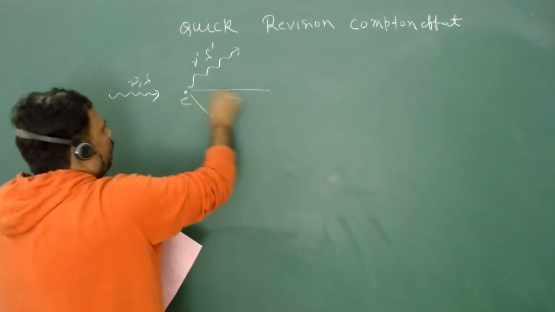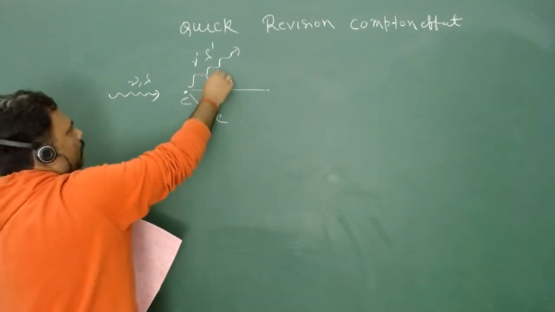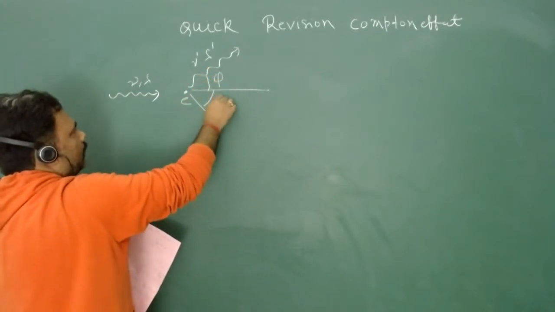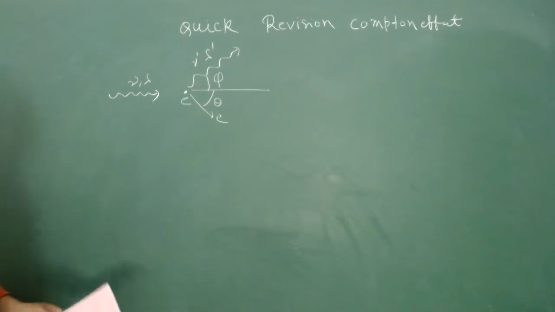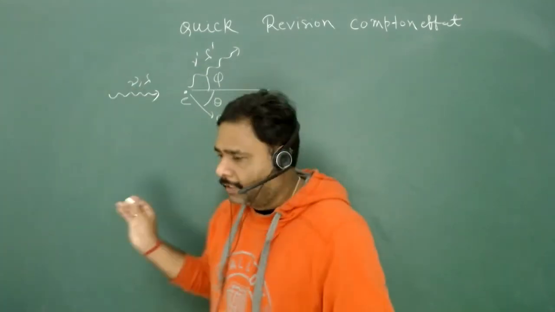So this is the axis of incidence of this particular incoming wave. This angle is phi, this angle is theta. Theta is the angle of recoil. So this is the schematic diagram of Compton effect.